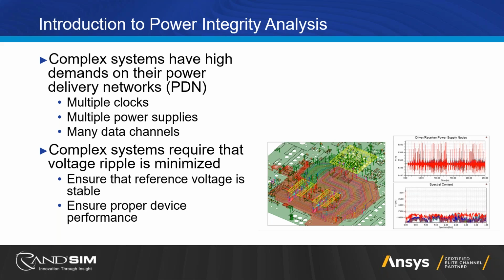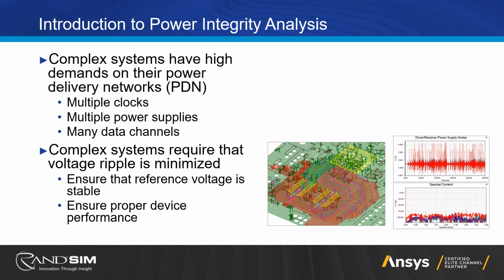When we have high-speed PCBs, these complex systems that have multiple clocks, multiple power supplies, power rails, and many data channels and ICs on the board, we need to verify and understand how the power delivery network is going to perform and that it meets the requirements of the ICs and the other components on the board.